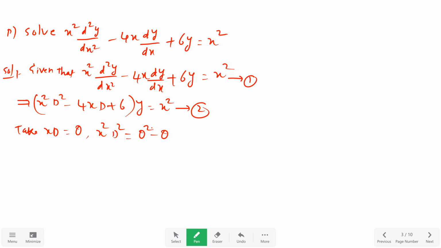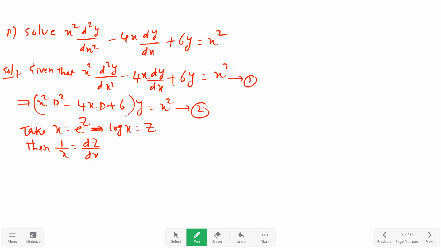Substitute these. So take x is equal to e power z, that implies log x is equal to z. Then 1 by x is equal to dz by dx.